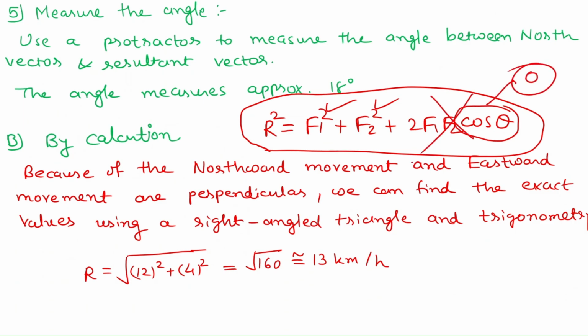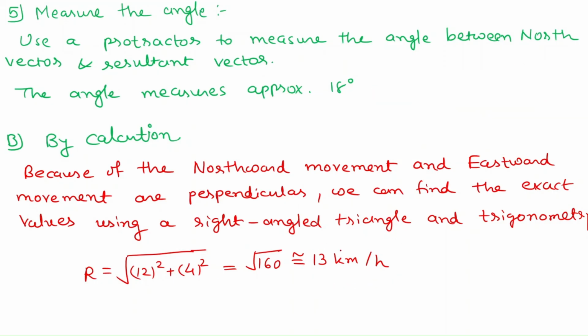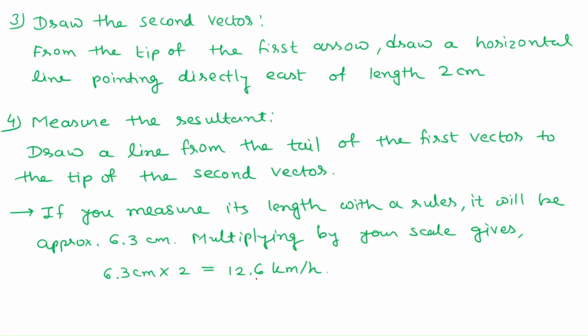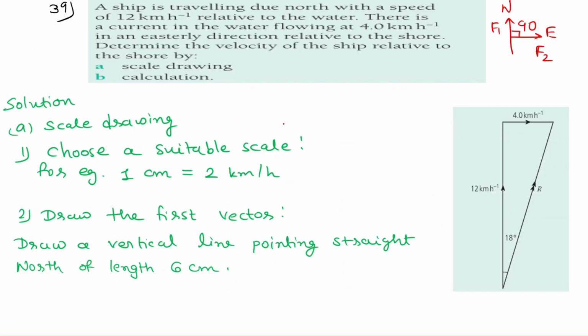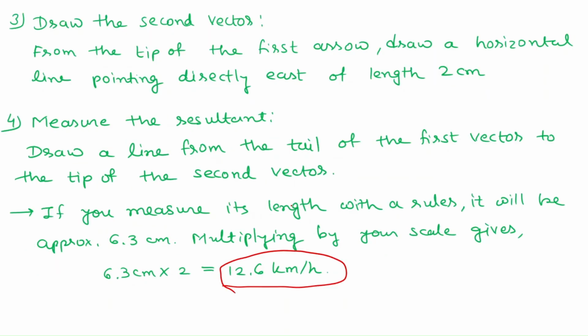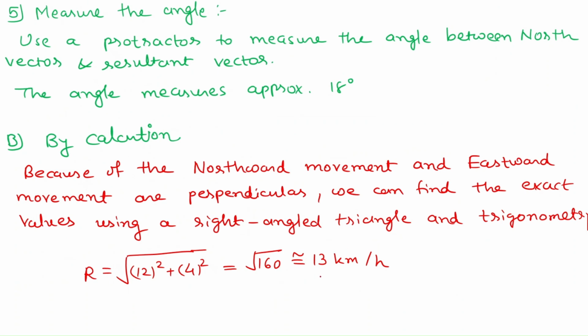So eliminate this term and find the resultant by using this formula and putting in the values of F1 and F2. You get 30 kilometers per hour. It is very similar to what you got by the scale drawing method. In the scale drawing method, you got 12.6 kilometers per hour, and by calculation you got 30 kilometers per hour, which is kind of the same.